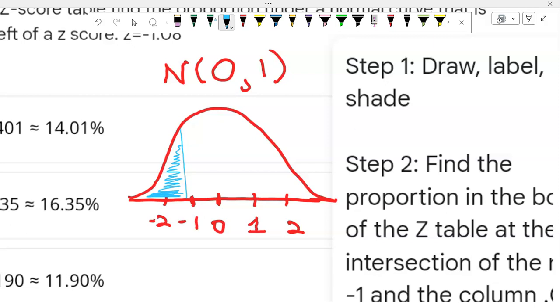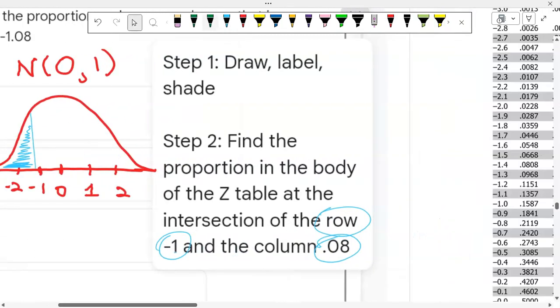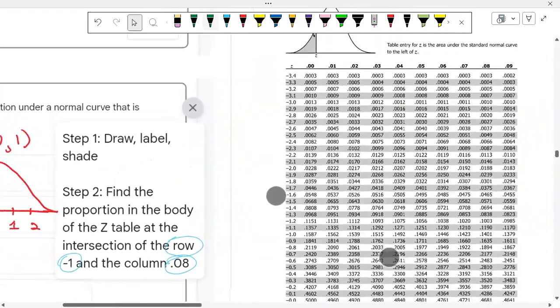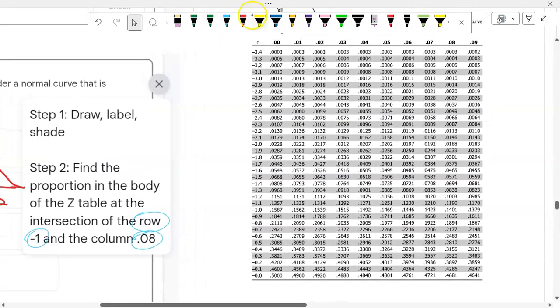All right, so to get that, we're going to go to our Z table, and we're going to find that the area is going to be at the intersection of the row that starts with -1, all right, and then it goes to the column 0, 8. So that gives us our Z-score of 1.08. So I want to be sure I'm on the negative table, which is right here. And I'm going to go to the row that is -1, 0, which is right here.